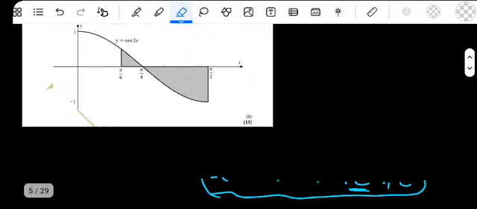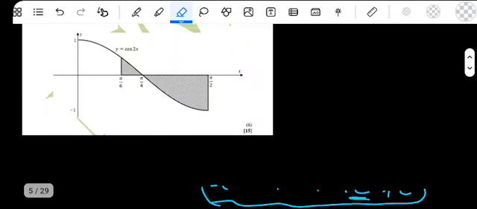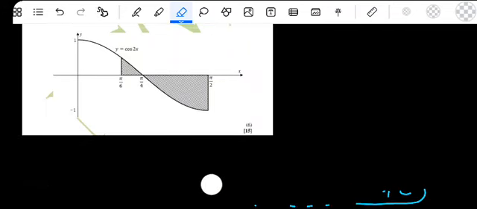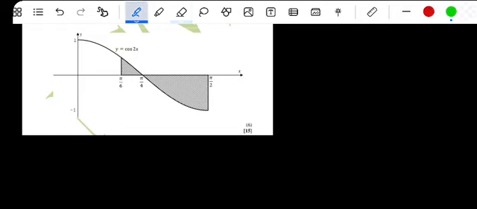We know that we are given cos. So how can you go about that? So this will simply equal, obviously, you're given y equals 2 cos.